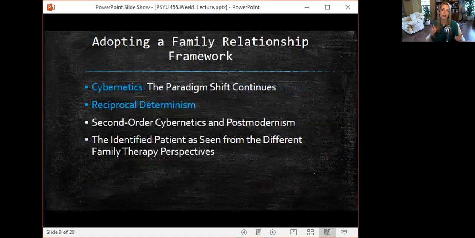While most family therapists adhere to some form of a systemic epistemology today, there is developing a bit of a schism between those who operate from a first order and a second order cybernetic model. First order cybernetics looks strictly at communication.